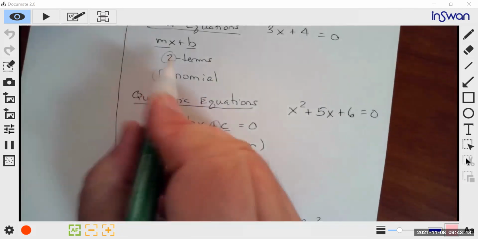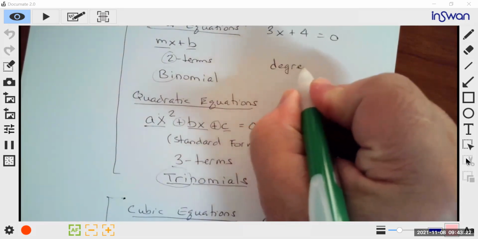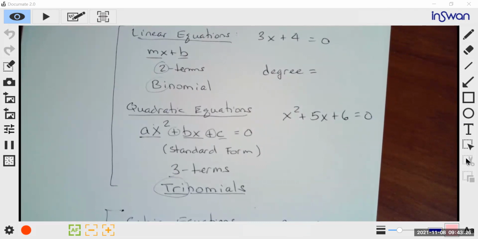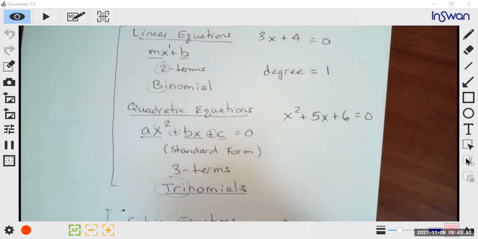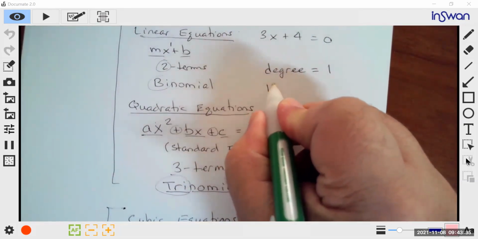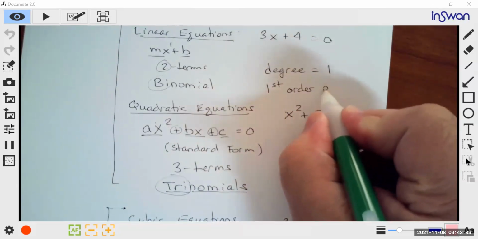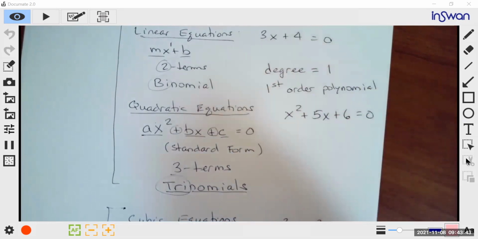So in linear equations, what's the degree here? Yep. It's the exponent of x. We call it a first order polynomial because the degree is 1.